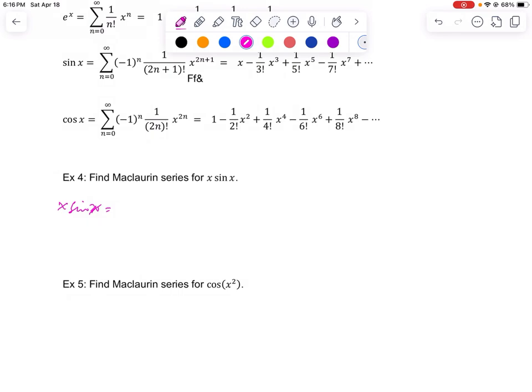So what do we get? I am going to write this first. x into this series: x minus 1 over 3 factorial x cubed plus 1 over 5 factorial x to the fifth minus 1 over 7 factorial x to the 7 plus dot dot dot.